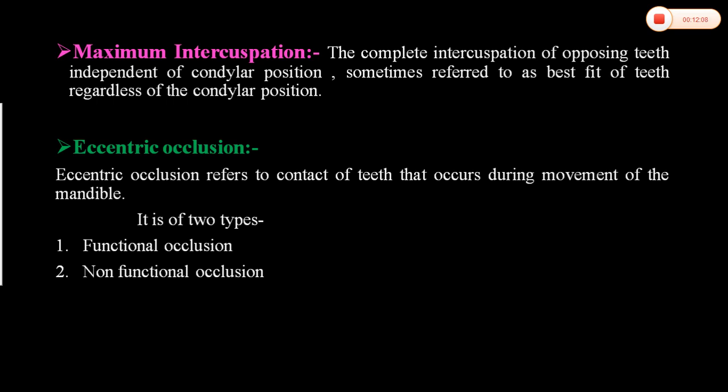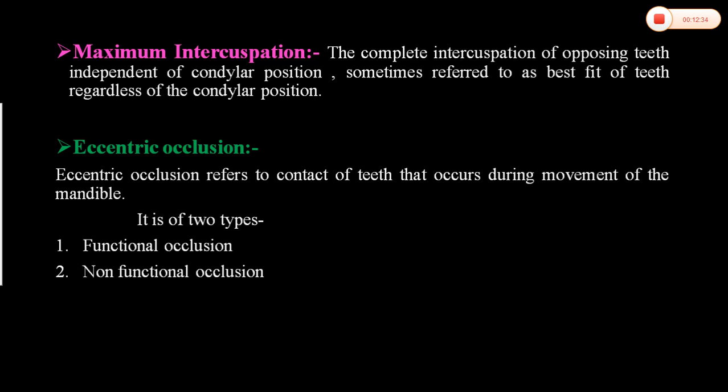Okay, this you have to remember. Working side, non-working side or balancing side. In the same way, if you move the mandible to the left side, that is the working side, and the other side, the right side, is the non-working side or balancing side. These terms you have to remember. Okay, protrusive, working side or balancing side.